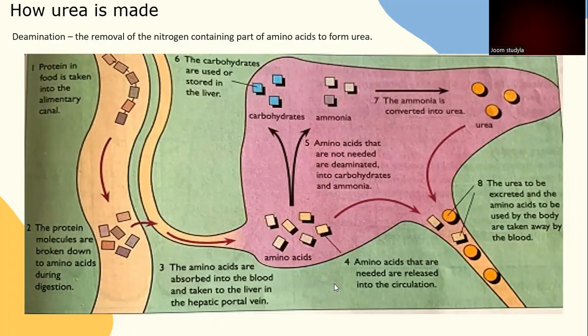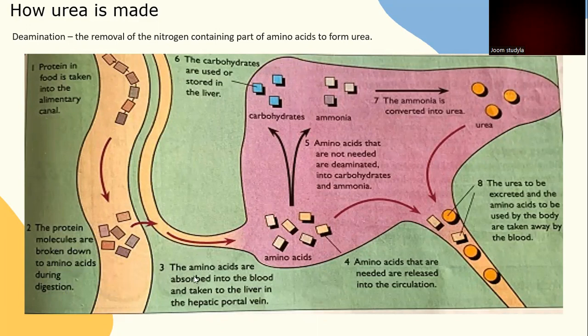How is urea made? Deamination is the removal of the nitrogen-containing part of amino acids to form urea. First, protein in the food is taken into the alimentary canal. Second, the protein molecules are broken down to amino acids during digestion.